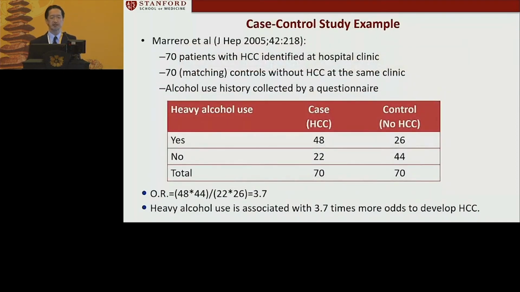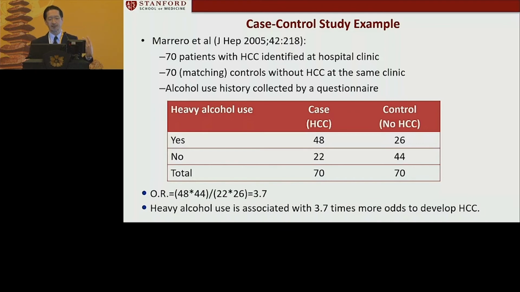So this is an example that was done when Jorge Marrero was with Dr. Anna Locke in 2005. He identified who had HCC and who did not have HCC, and the question was the impact of alcohol. 70 people with HCC, 70 people without HCC, and then they went back and asked people, how much do you drink?